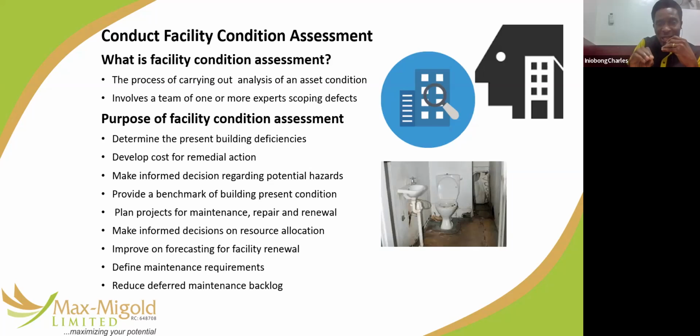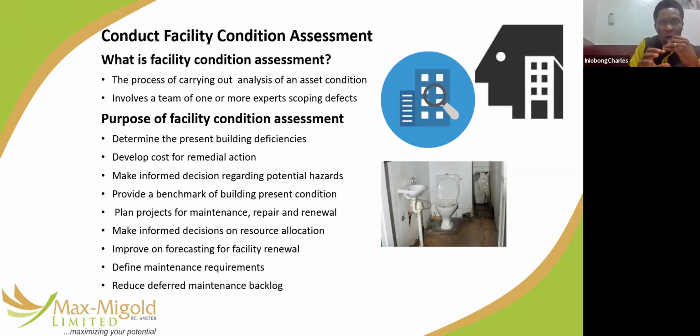The facility condition index is the amount you are to spend as remedial action for a particular facility, over the amount of total replacement of that facility. As that index is going up, it means that facility needs to be changed. The lower the index, the better the facility. The higher the index, it means you need to change that facility.